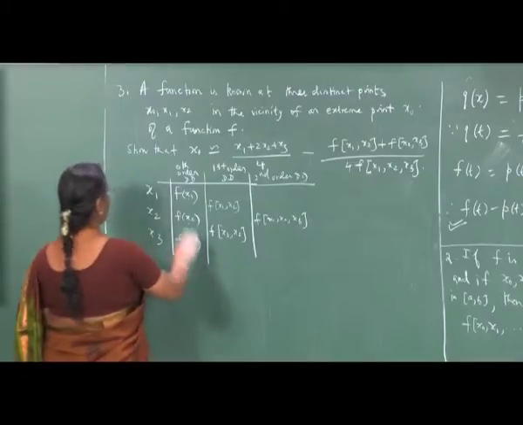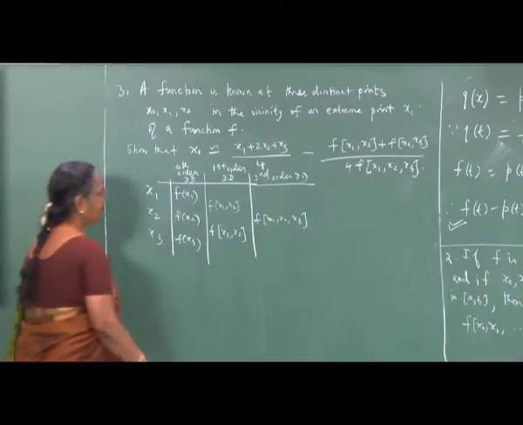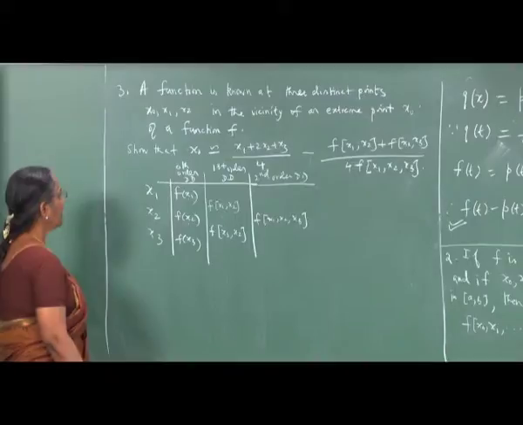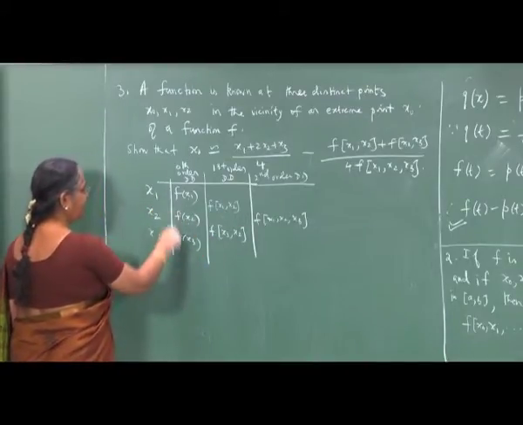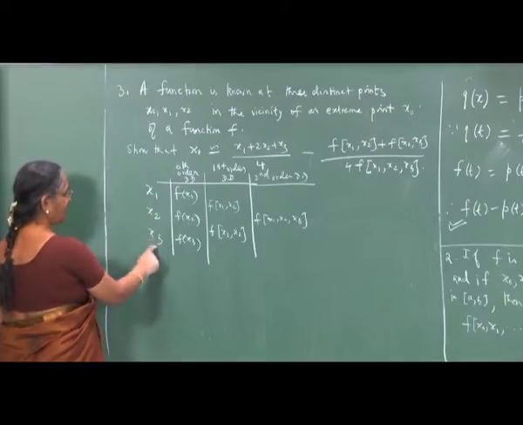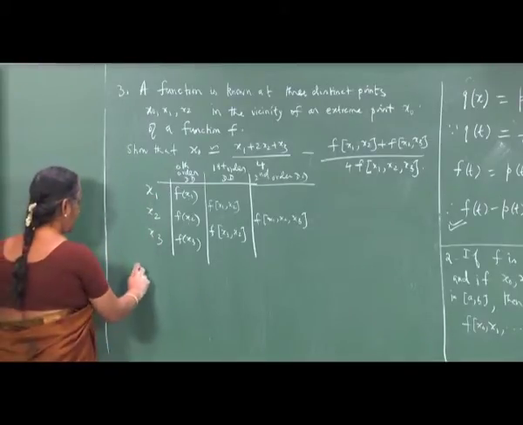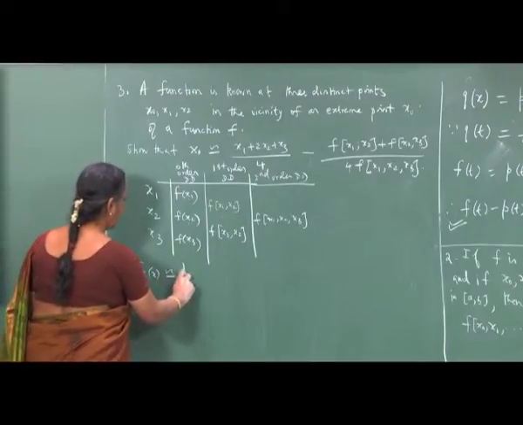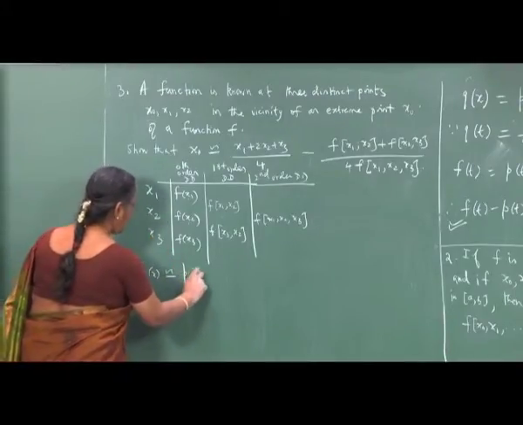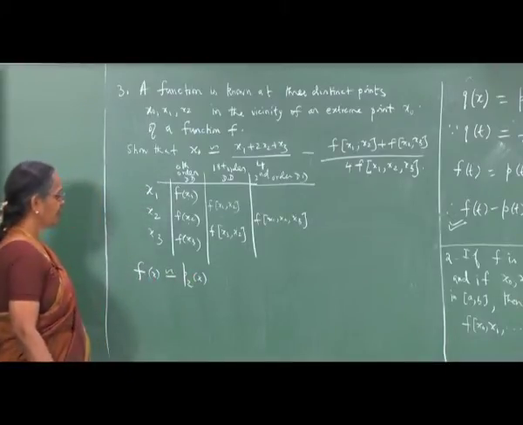So, now that you have the divided difference table, you can find the interpolating polynomial that interpolates this function at a set of these discrete points. Namely, f of x can be approximated by a polynomial p2 of x of degree 2.